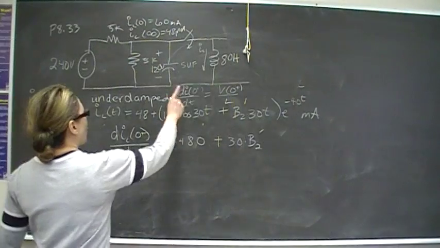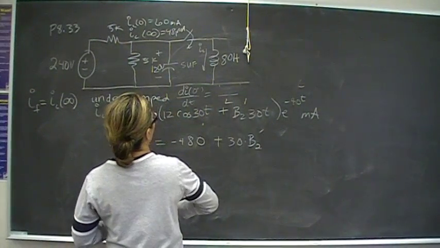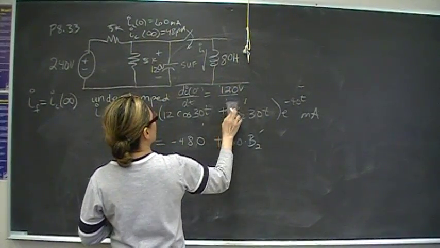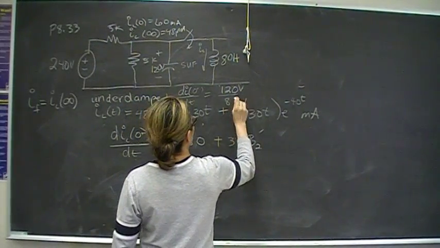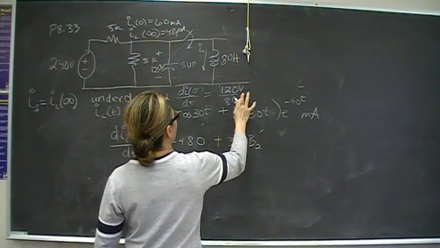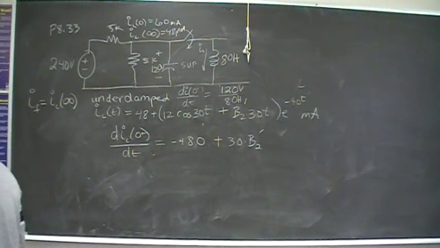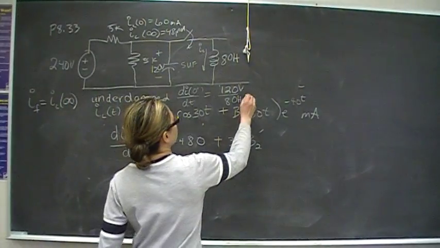So right after the switching happens, this is 120 volts, and this is 80 henries. So 120 over 80 gives us 1.5 amps.